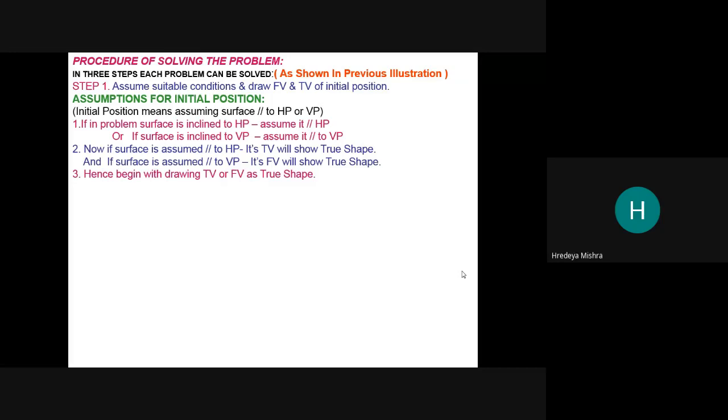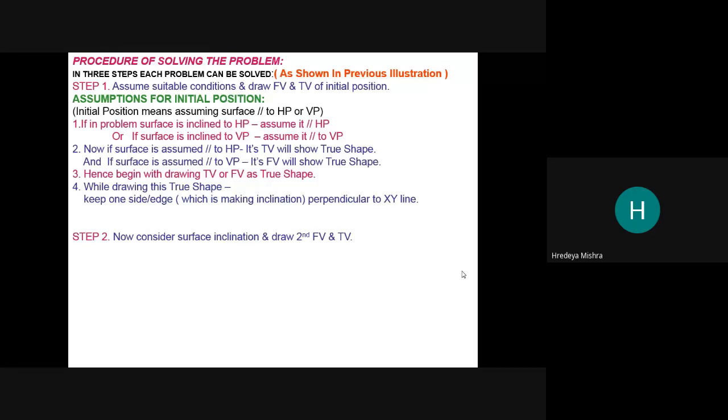This is the first step we have to resolve. Now the second step is to consider the inclination. In the first step we draw the top view and front view, which show the true shape of the surface or plane given here.